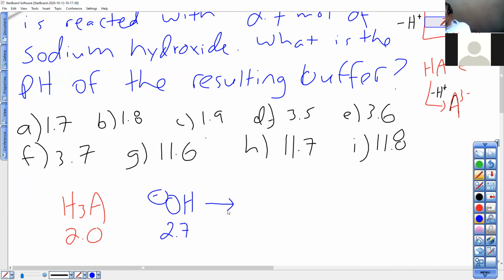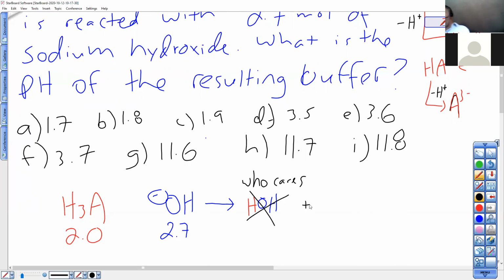This is the last time I'm going to draw water. We don't care about water. It doesn't change the pH. I'm going to cross it off and say, who cares? Very cavalier, I know. I only care about the acids and the bases in the buffer.